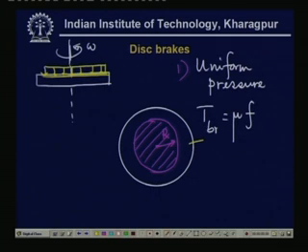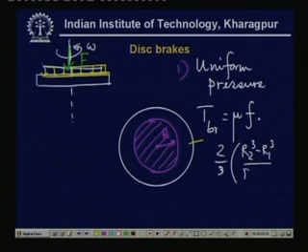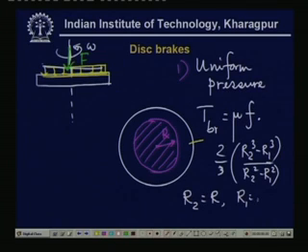If we apply a total force over here, which is distributed, it is equivalent to a concentrated force F. So, this is mu times F times 2/3 of (R2 cube minus R1 cube) divided by (R2 square minus R1 square). Here, of course, R2 is the outer radius, which is equal to R, and R1 is equal to 0. So, this is for the uniform pressure, that is, the distribution here is uniform.